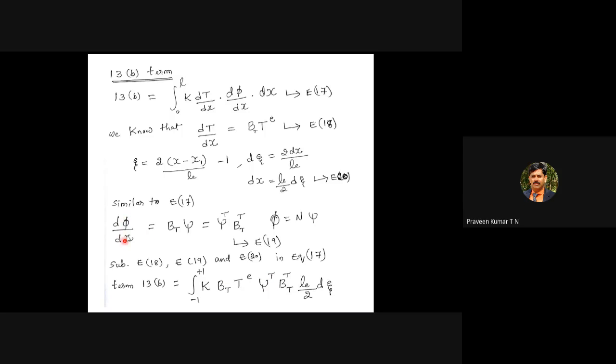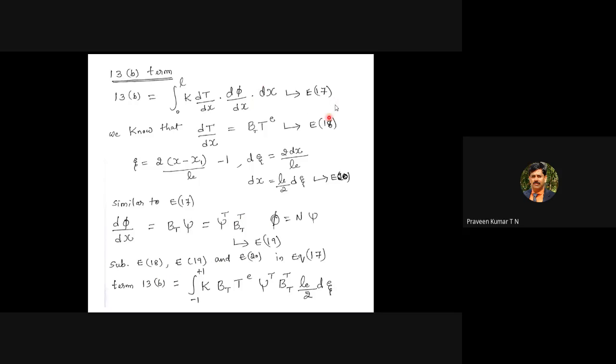Similar to dT by dx, which refers to the variation of the temperature along the x direction, phi is again a variation of the temperature. It is a virtual temperature within the element, given by B transpose. Here we have Te, but here Te is replaced by ξ. We have one B here and one B here, and to multiply those two B matrices, you take B transpose.